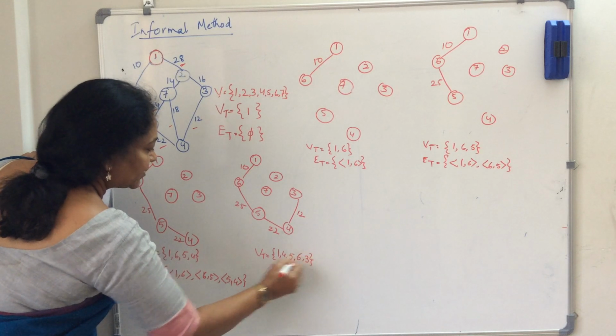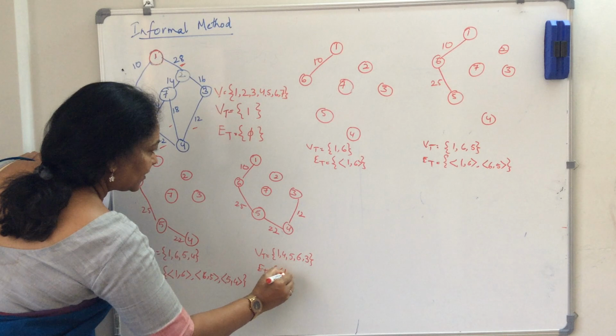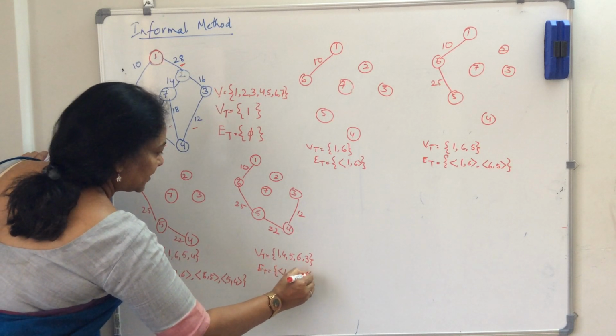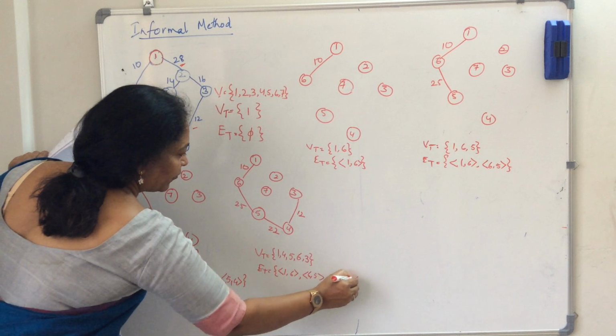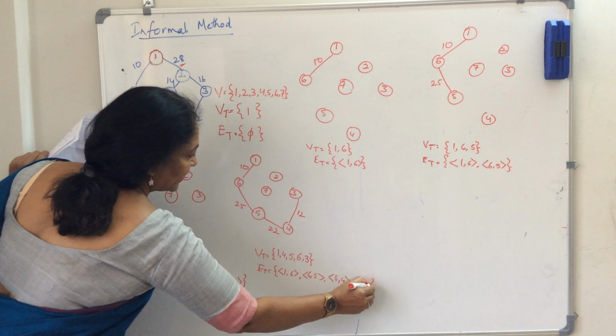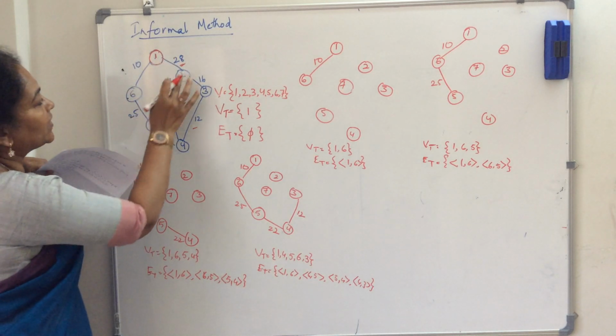Okay, I should have written 3 earlier. That's okay. So ET is equal to 1, 6, 6, 5, 5, 4, 4, 3. These are the edges. Okay, now consider all these, like only 7 and 2 are left.